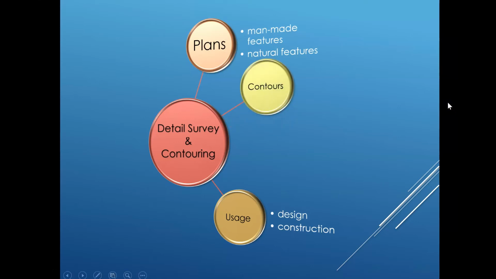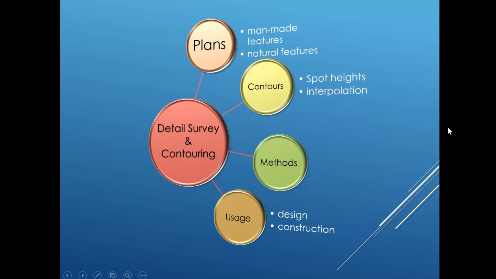Then obviously in the plan we'll have contours, based on what we call spot heights. These are the points that we observe in the field, and from those spot heights we have to do what we call interpolation in order to provide the contour. We'll be discussing that later in coming slides.